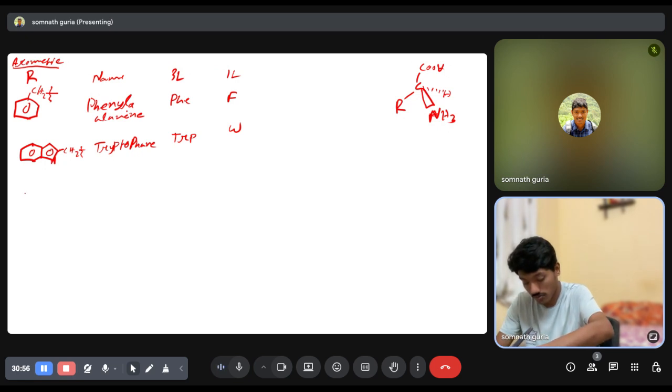Now if you introduce some OH group, this is my CH2 and this is my R bonding site to the C, and if we introduce OH over here, that is called tyrosine.